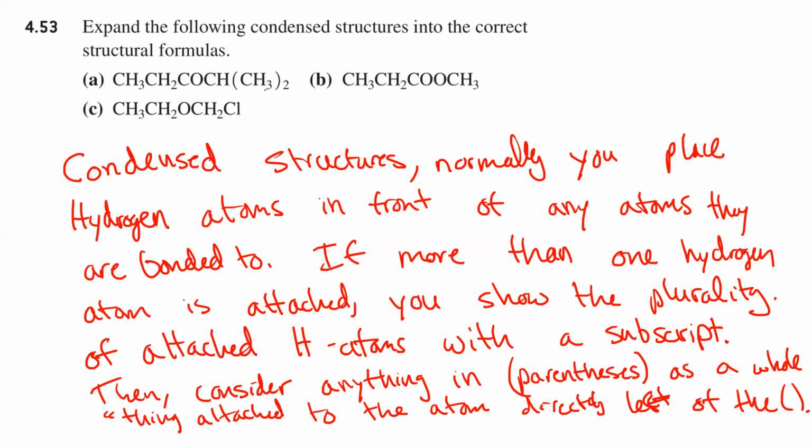Hence, this guy on A, that CH3 2, means that there are two of those attached. So this means that there are two of those CH3s attached to the carbon before it.